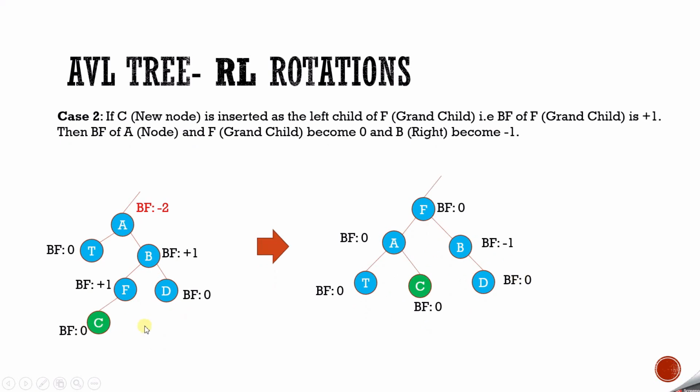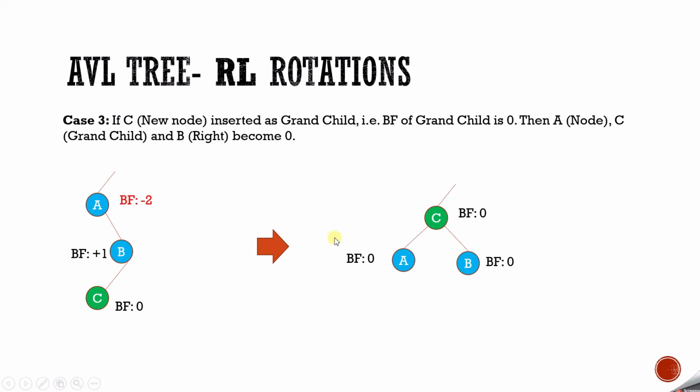Similarly, if a new node is inserted as a left child of the grandchild, the grandchild's balancing factor becomes 0, the node's balancing factor becomes 0, and the right node's balancing factor becomes -1. Similar to that, if a new node is inserted which leads to a situation of RL rotation, and the new node is the grandchild itself, then after rotation all the nodes' balancing factors become 0.